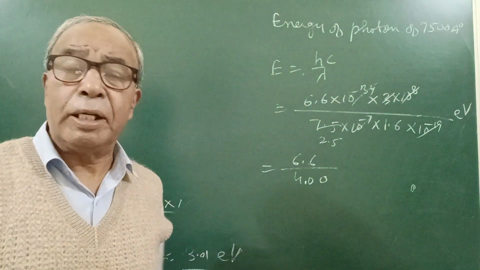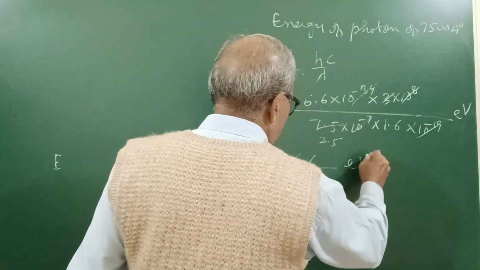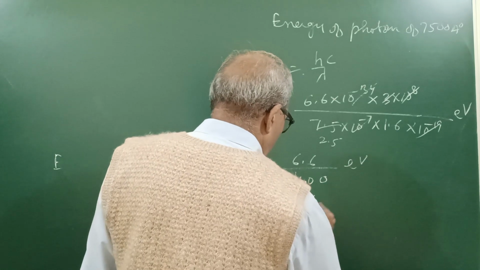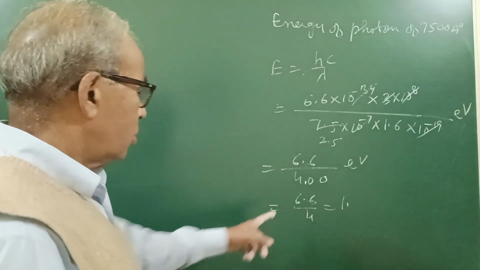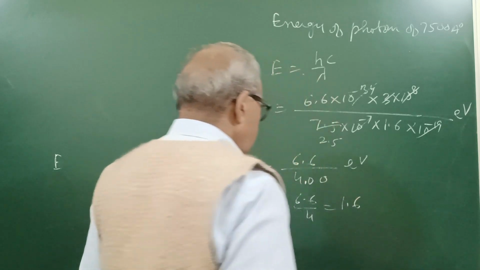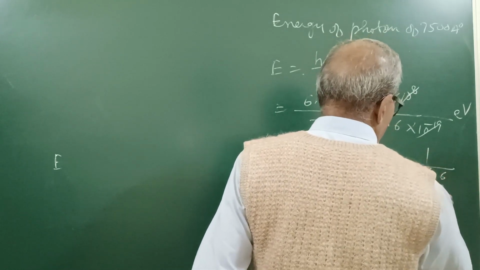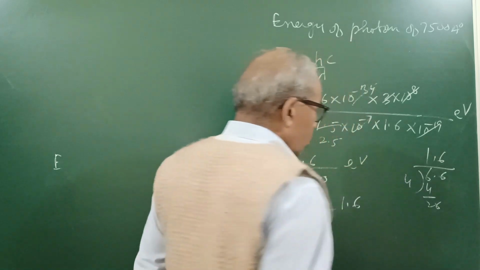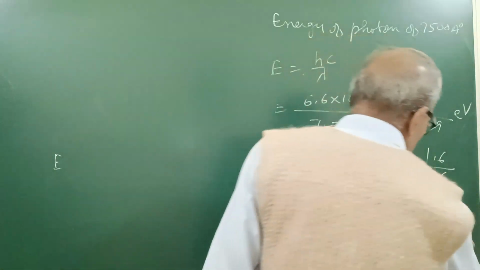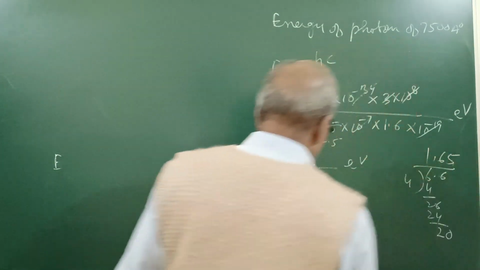Do such practice so that you can know what the answer will be. Dividing, it comes to about 1.65 electron volt.